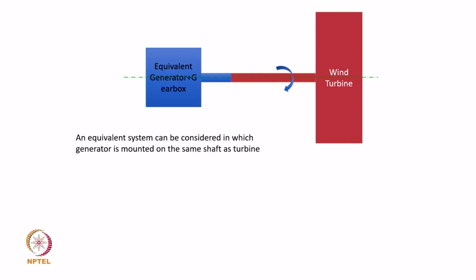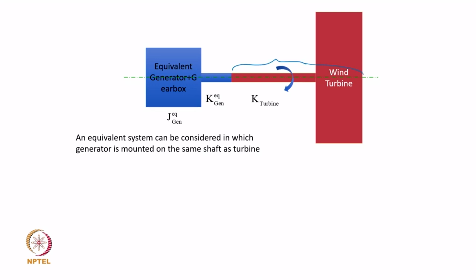So, for the equivalent system, as I mentioned, we will bring the generator and its gearbox and the shaft along the line of the wind turbine, so that it can rotate at the same speed as that of the wind turbine. Now, if that happens, as we discussed, this part of the system remains the same.